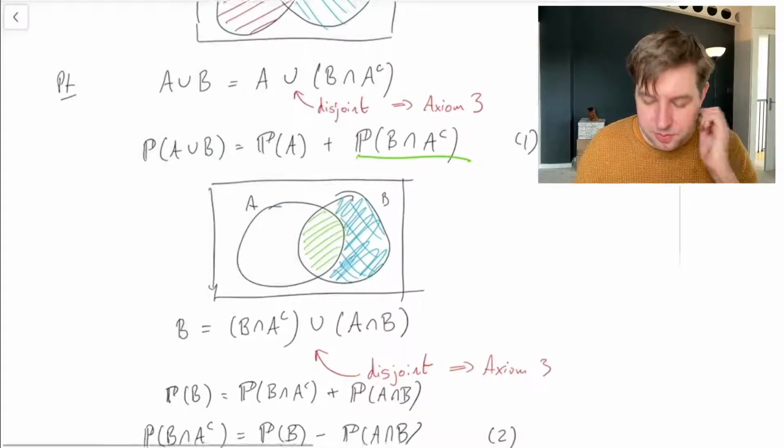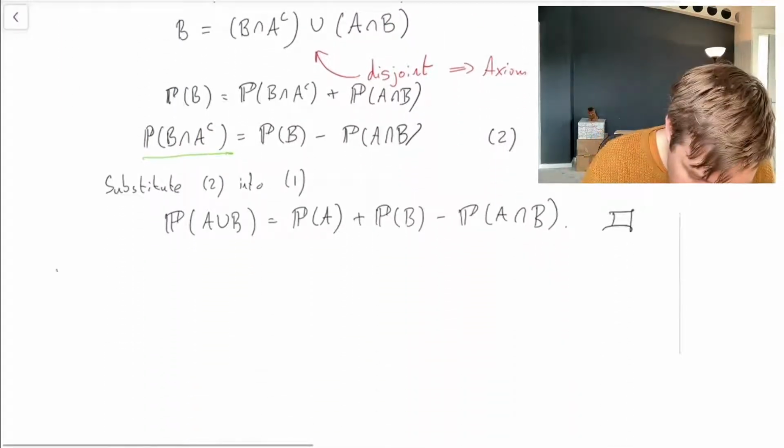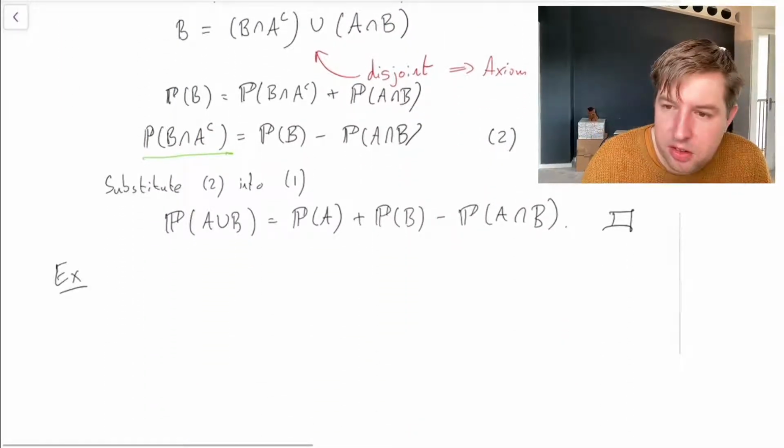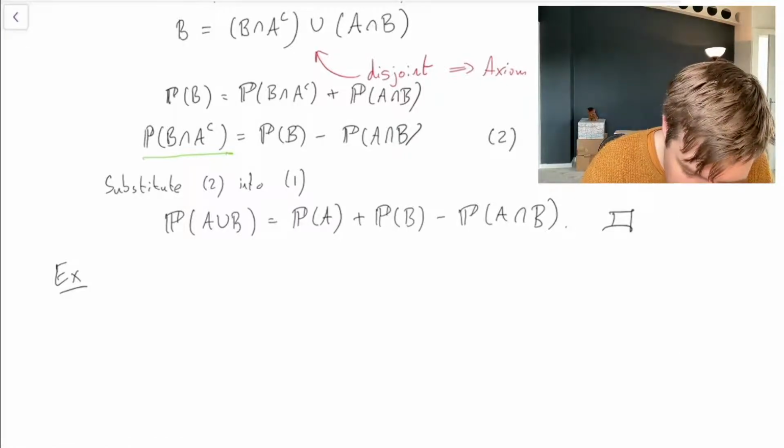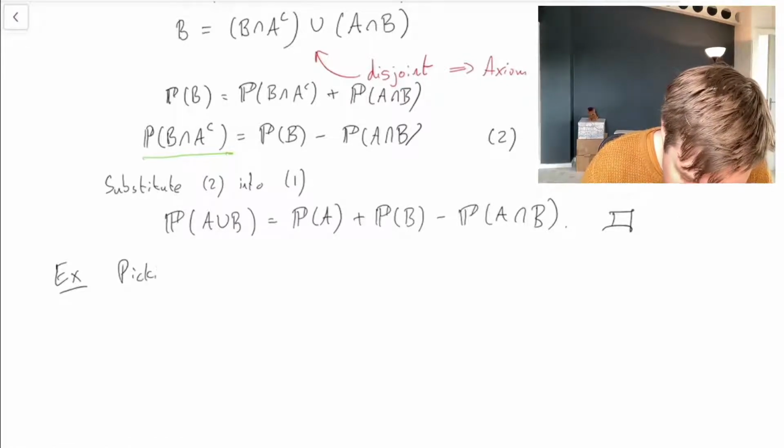Now we've proved this addition rule for unions, let's just do an example to show ourselves how we can use it. So the example is, let's imagine we're picking a card at random from a pack of cards.